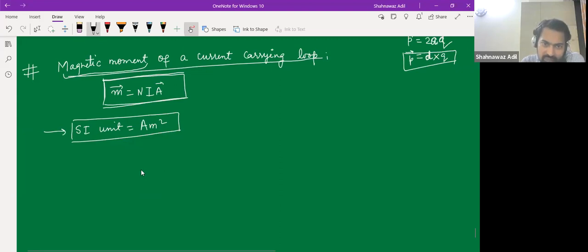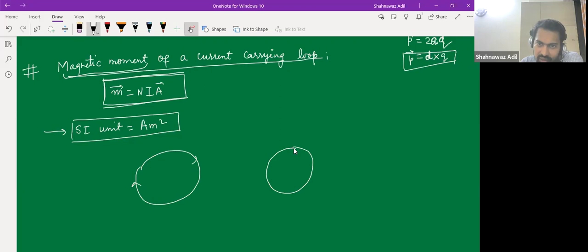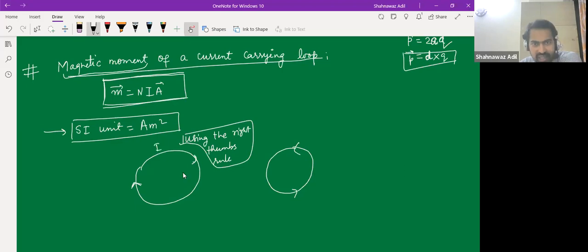So let's say we have this current going like this, and let's say we have this current going like this. Again, using the thumb rule, this thumb rule is very important, Maxwell's right hand thumb rule. For this current carrying wire, what would be the direction of magnetic moment if we use Maxwell's thumb rule?